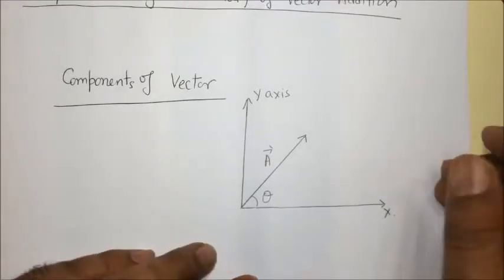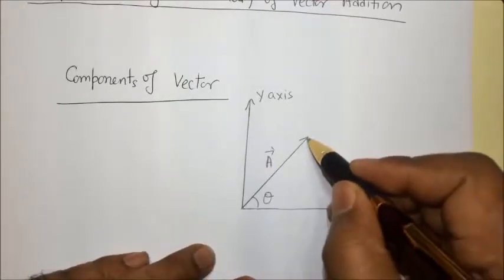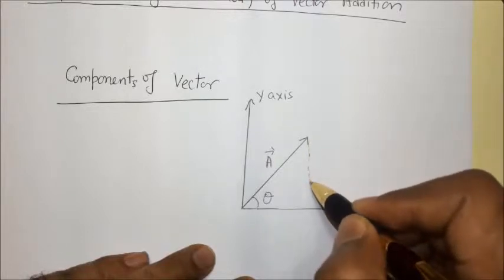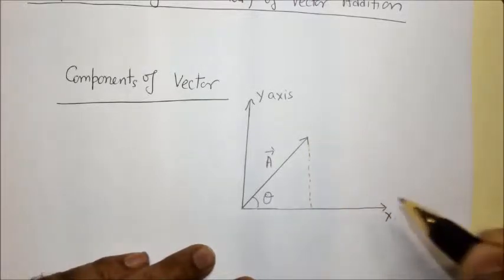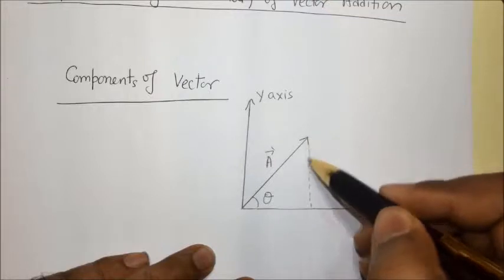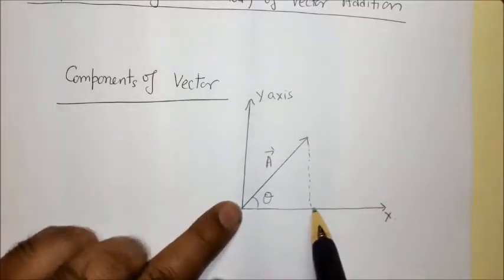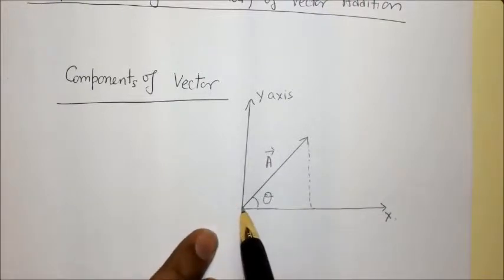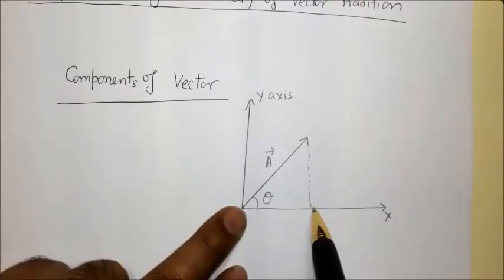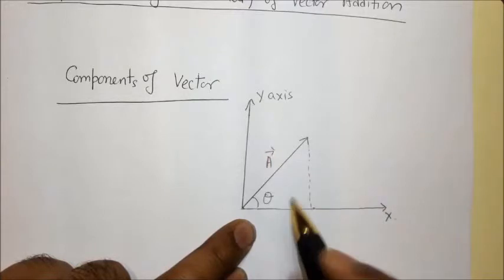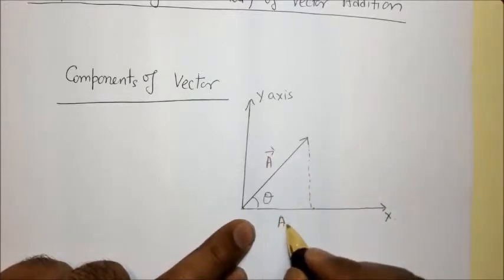What does x component mean? If I make a projection on the x-axis from the tip of this vector, the length from this point to this point is going to be the x component of vector A, that is Ax.